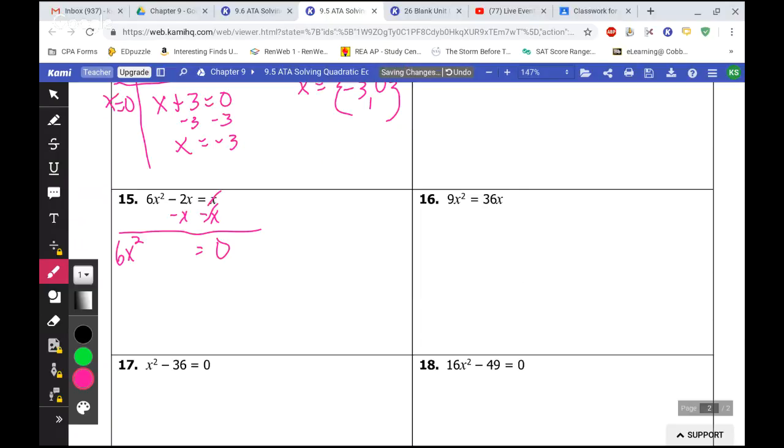And then minus 2x minus x is going to be minus 3x. Now, is there something that's a greatest common factor that I can factor out here for this one? What's the greatest common factor of 6x squared and 3x?